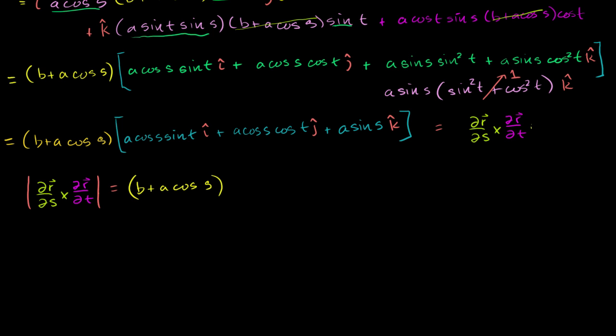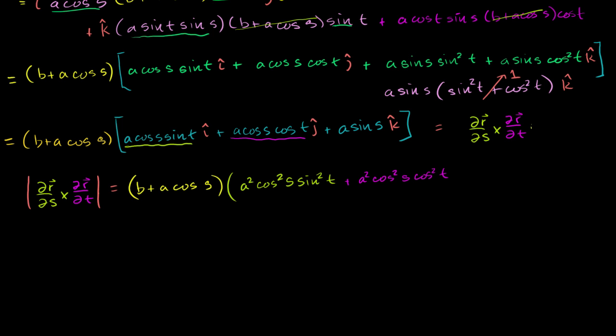So it's equal to, let me write the sum of the squares. So if you square this, you get a squared cosine squared of s sine squared of t. That's that term. Plus, let me color code it. That's that term. Plus, I'll do the magenta, plus that term squared, plus a squared cosine squared of s cosine squared of t.